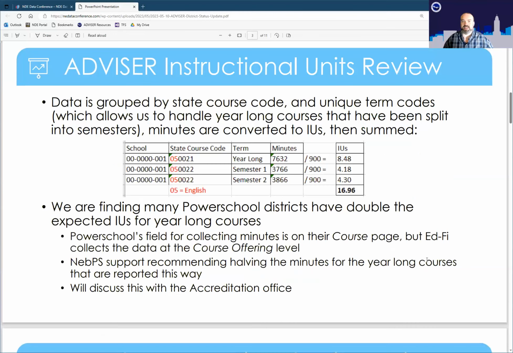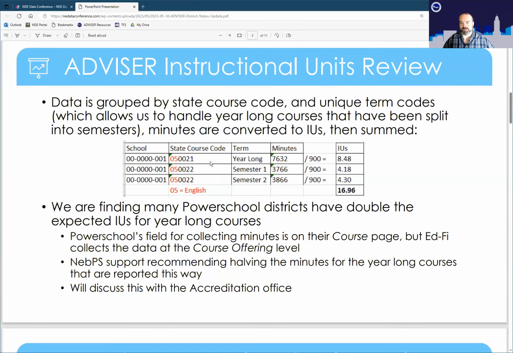So I bring that up because we've been getting a lot of feedback on problems with the instructional units. I think a lot of it is coming from PowerSchool, and I can explain why. If you remember this chart at the top here, it's something I covered last month. But just pointing out that when we're calculating instructional units, we're looking at both the state course code and the term code to separate these amounts.